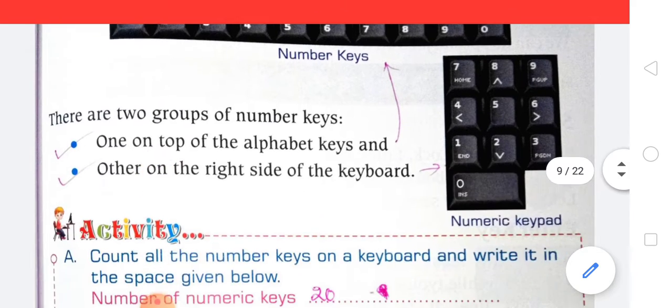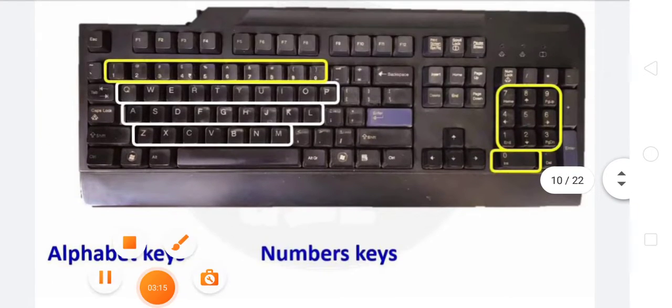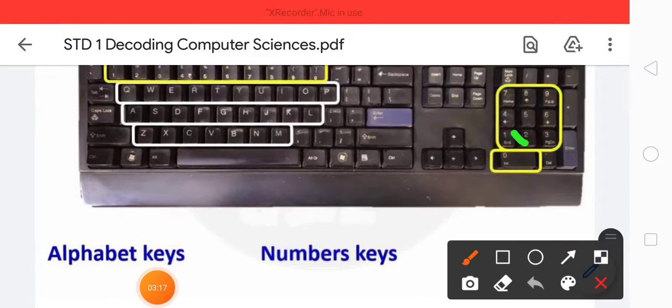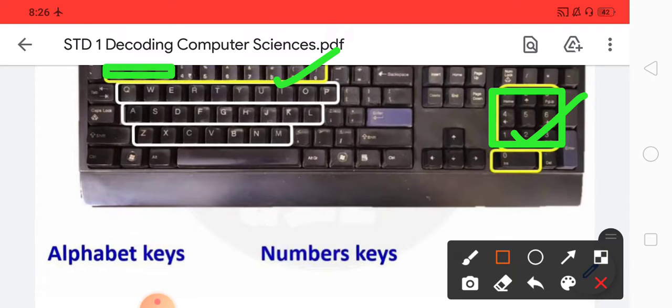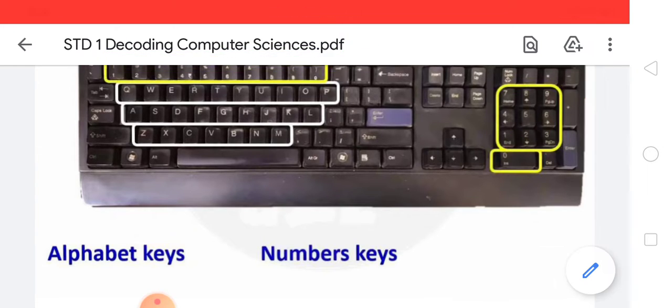Okay, students, you may see here this one is a keyboard and these are the number keys. Okay, here you see these two are the number keys.